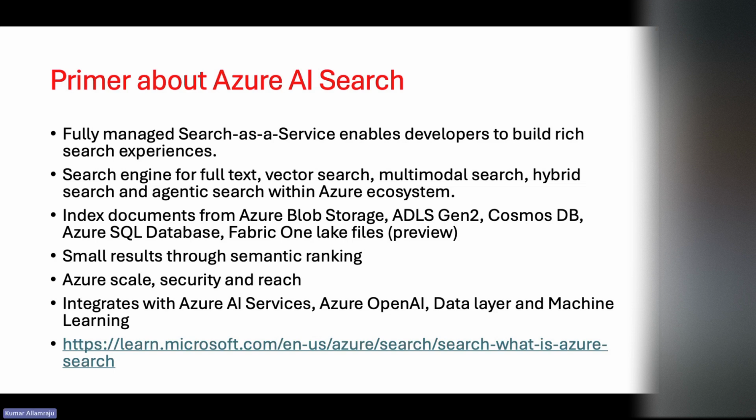The good thing is AI Search inherits all the Azure security features, networking, at a global scale. It's enterprise ready. So wherever Azure is available, you can provision this service for high availability, disaster recovery, and whatnot. And it fully integrates with most of the Azure AI services, Azure OpenAI, machine learning, and whatnot.